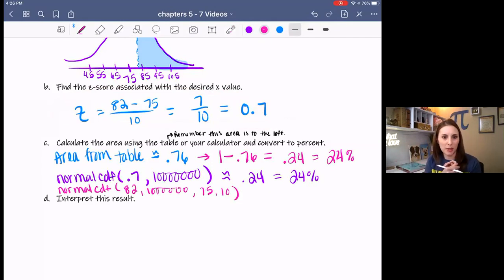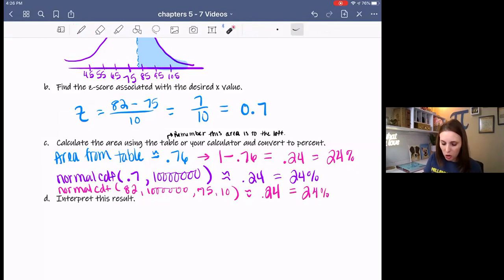It's hard to explain, but it'll do the z-score for you basically, and you should end up with 0.24. So go ahead and try it just to make sure you can get it. And you should see that we get rounded about 0.24, which is 24%.